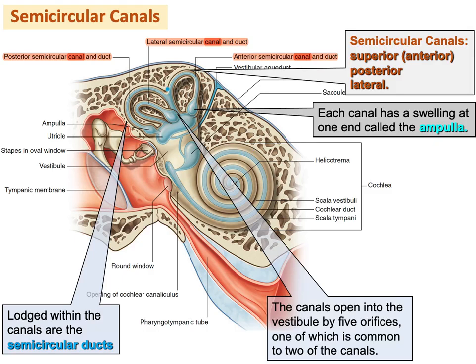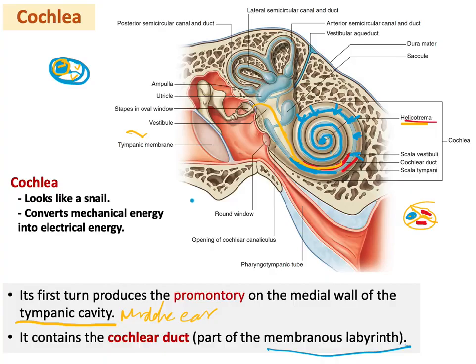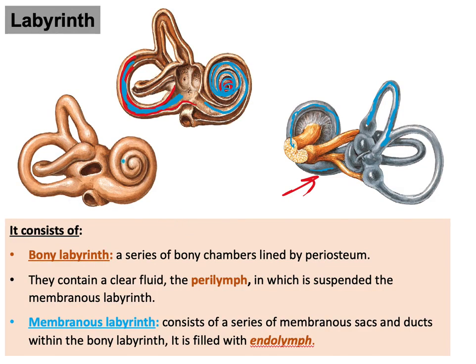Now let us jump to the semicircular canals, because we mentioned earlier that the bony labyrinth has the cochlea, and inside it the cochlear duct. When you come to the vestibule, here is the bony part. Inside it there is a saccule and utricle, and you have a semicircular canal, which is bony.